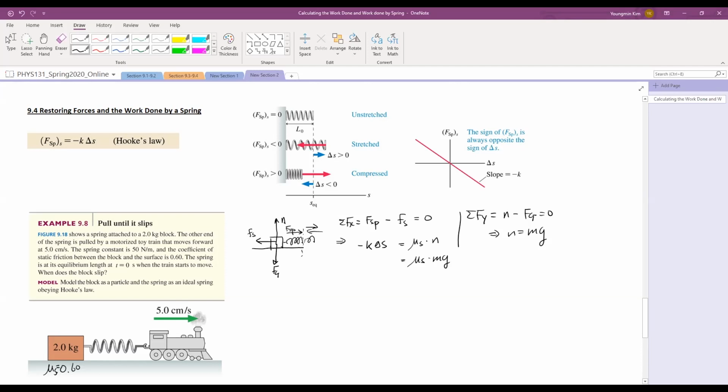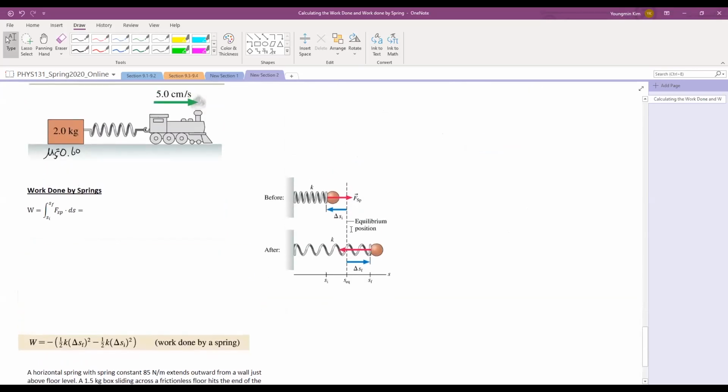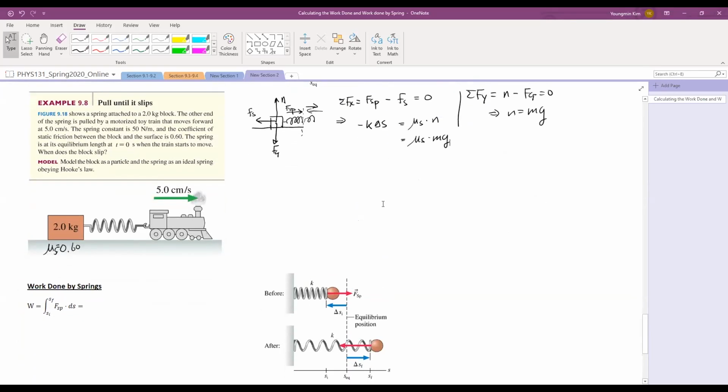But that is happening from the other side's perspective, right? It's feeling the stretch from this side. So here we're just going to consider that k delta s is mu mg. So it's simply k delta s equals mu mg.